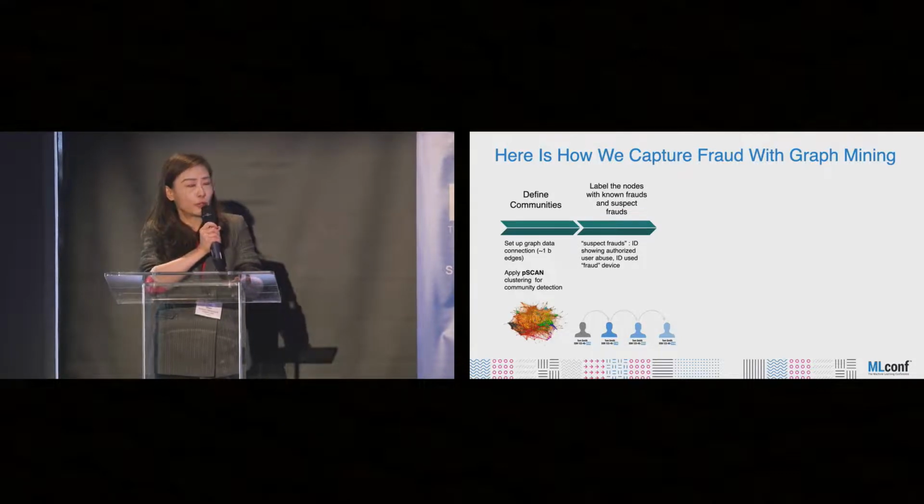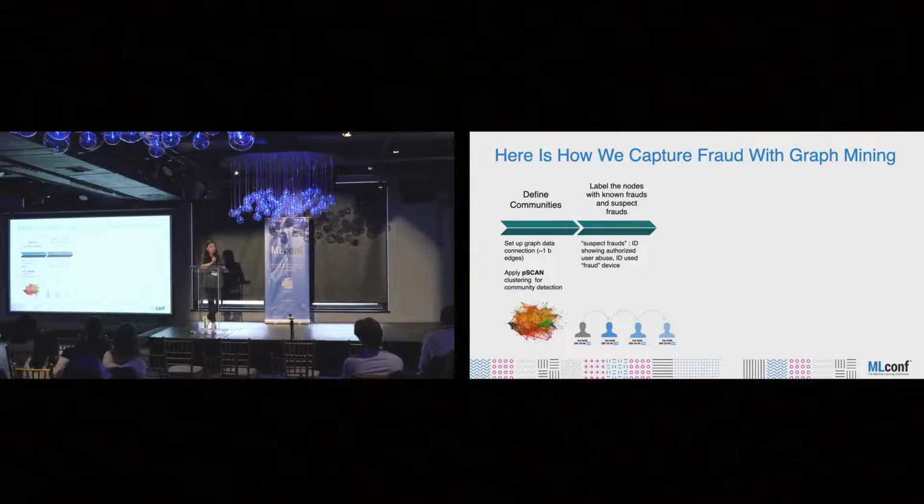Then we apply a graph clustering algorithm, such as pscan. By doing so, we are able to flag every single graph community on this graph network. After that, remember, it's semi-supervised learning, so we always start with a very small, very sparse handful of known fraud cases or suspect fraud cases.